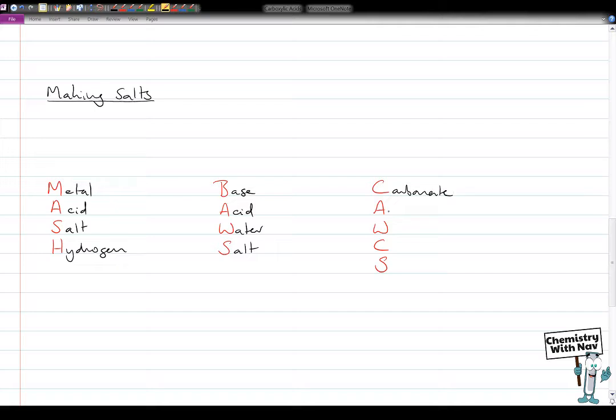Or you could have a carbonate and an acid going to water, CO2 and salt. So these are the things that you would expect from pretty much any acid. So carboxylic acids are good acids.